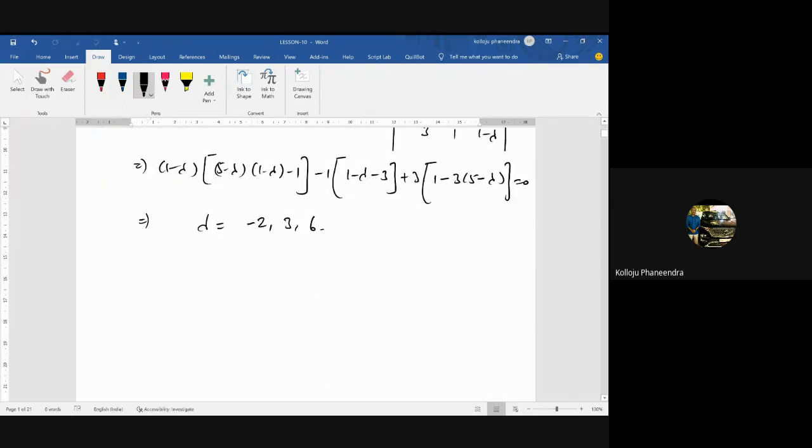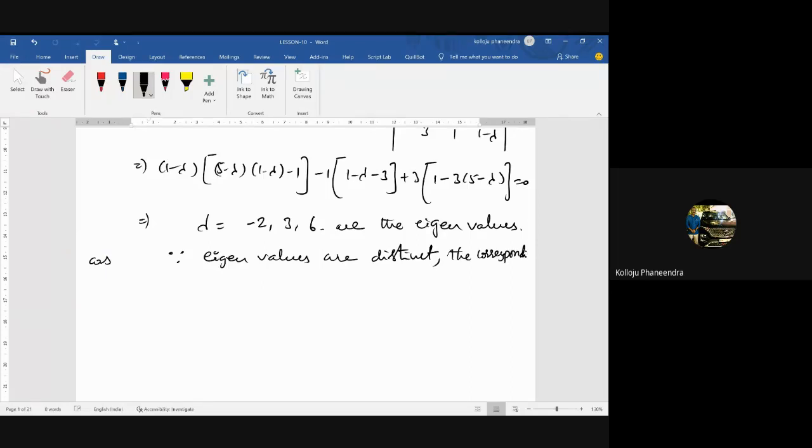Now these are the eigenvalues. And one more point: since the eigenvalues are distinct, the corresponding eigenvectors are linearly independent.